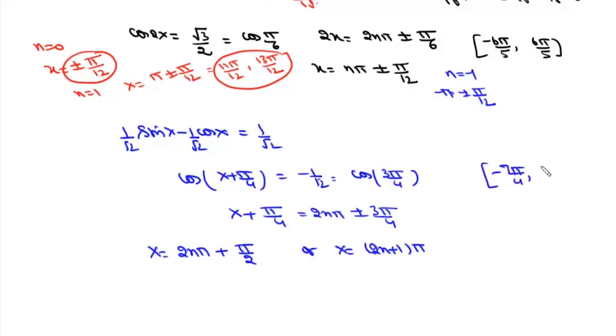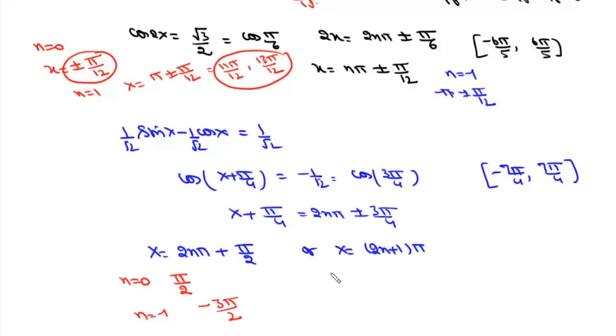Now we have to find it in the interval minus 7 pi by 4 to plus 7 pi by 4. Now here if we put n as 0, we'll get one value as pi by 2. If we put n as 1, it will be greater than 7 pi by 4. Now if we put n as minus 1, we'll get minus 3 pi by 2.